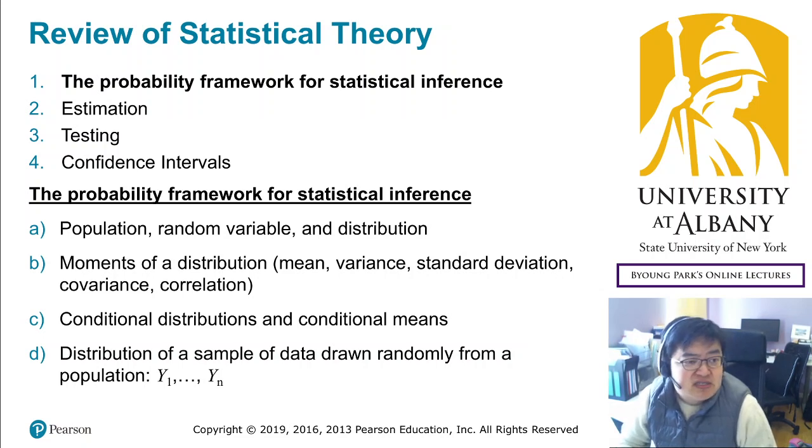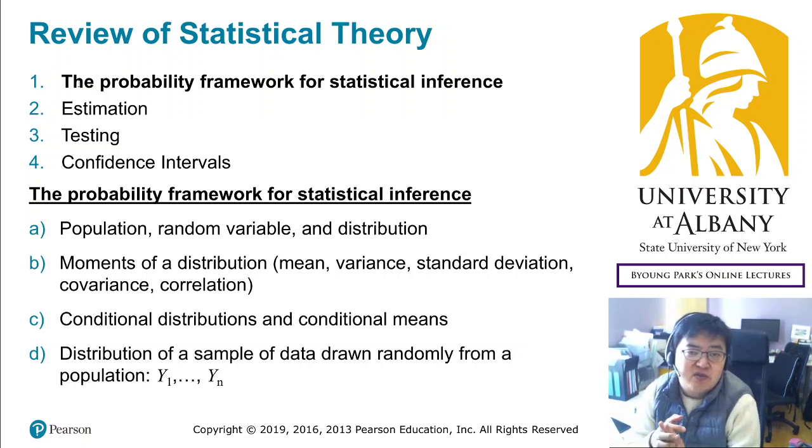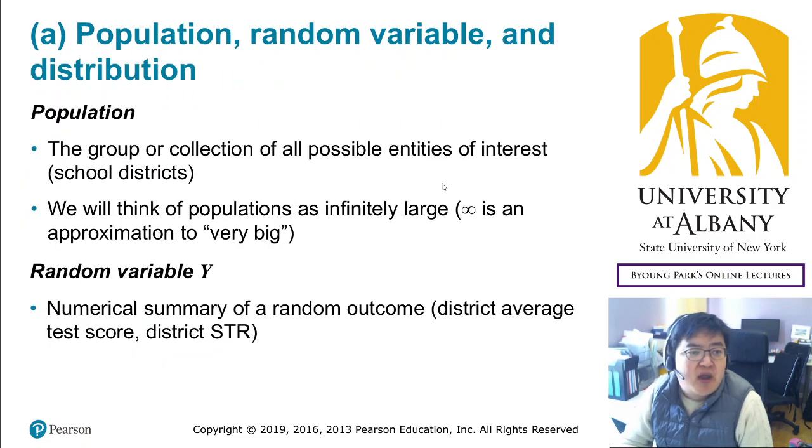The first step is to review the probability framework, the definitions and notations for probabilities and the basic statistical terms. There are 4 review chapters, and we are doing the first one. Within the first part, there are 4 small sections. Let's go to the first one.